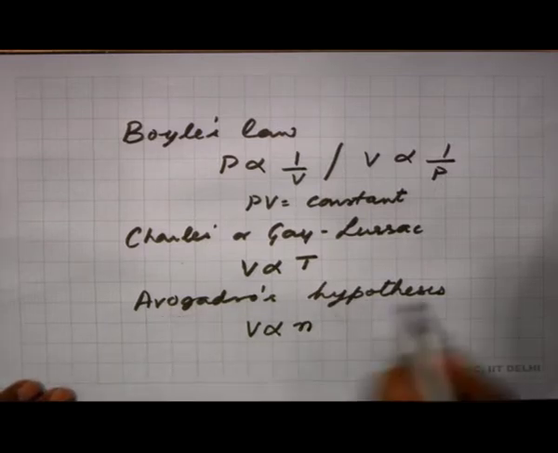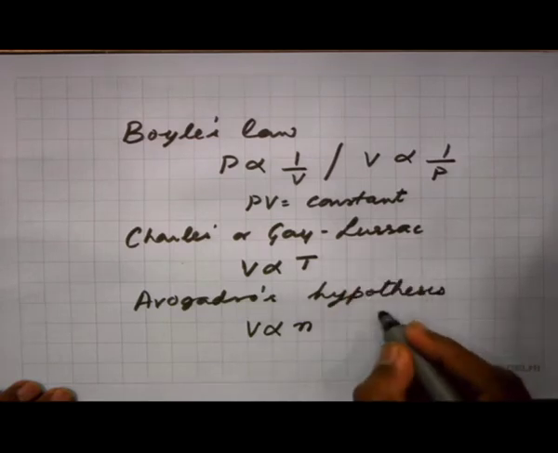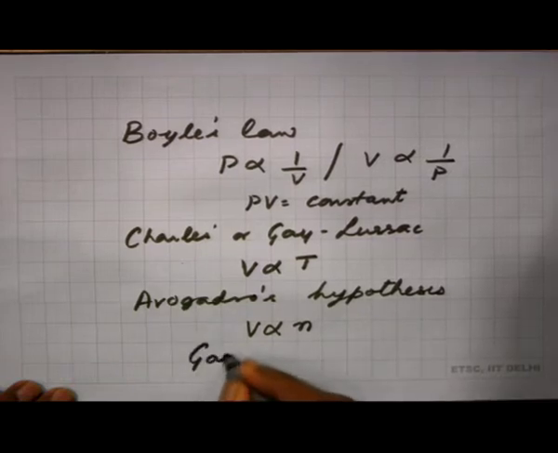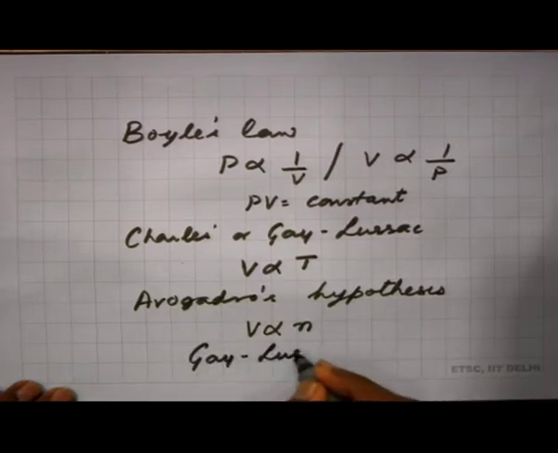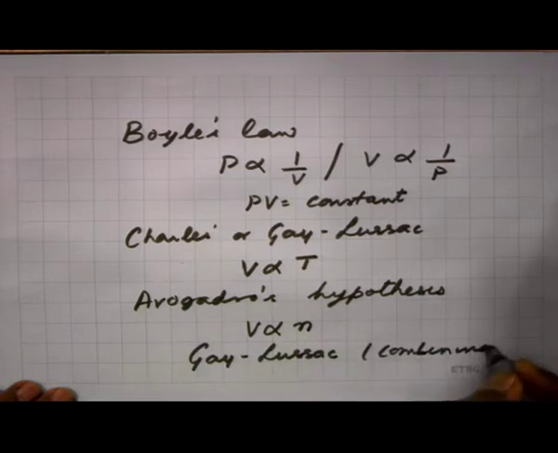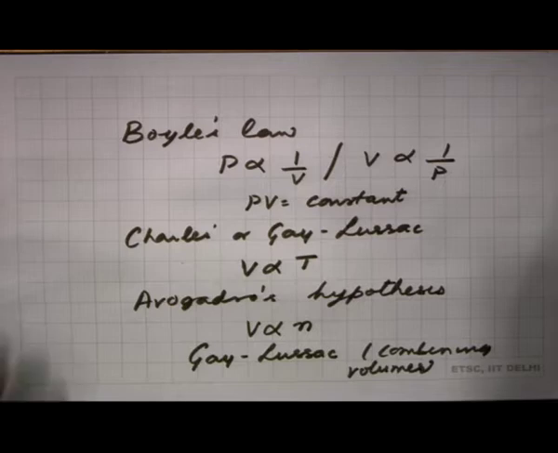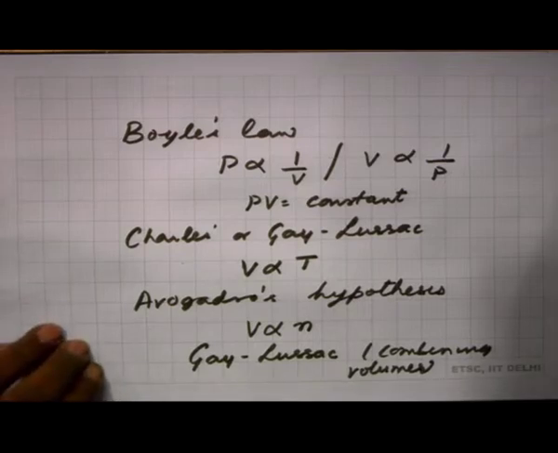Avogadro's hypothesis came about as a result of the observation of Gay-Lussac on combining volumes. So, we are now trying to assemble all these together in terms of an equation of state.